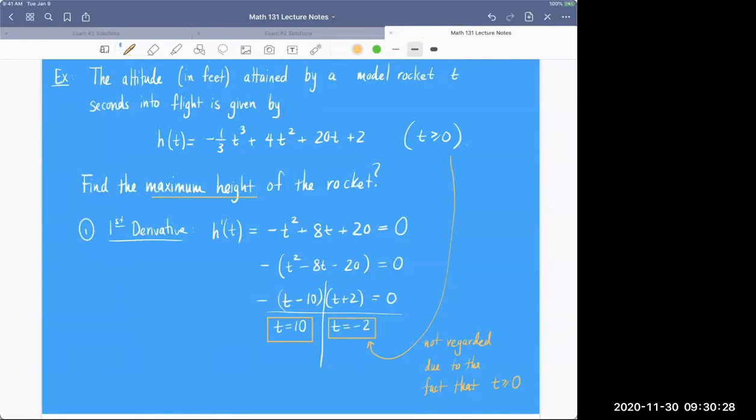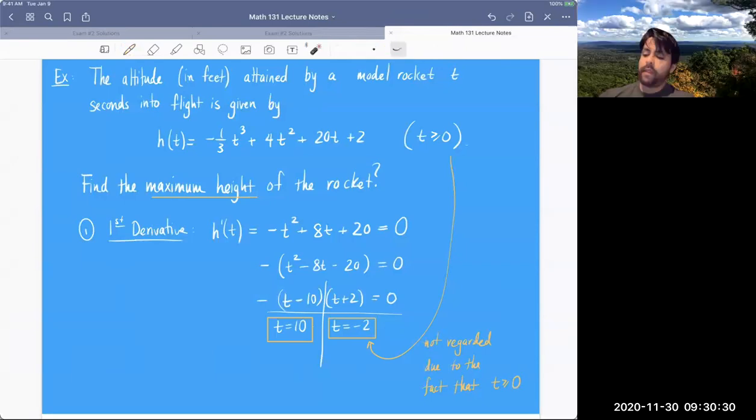So you can think of it this way: models are not perfect, they're models. They just give you a pretty good idea of what may happen, but mathematically speaking, this negative 2 has no relevance to the actual physical occurrence, or the trajectory of this flight.